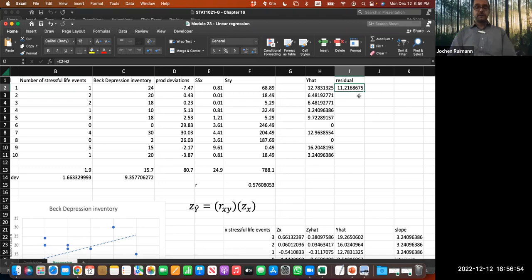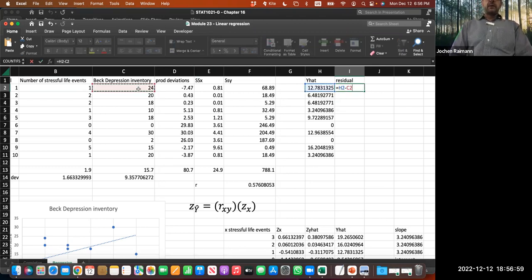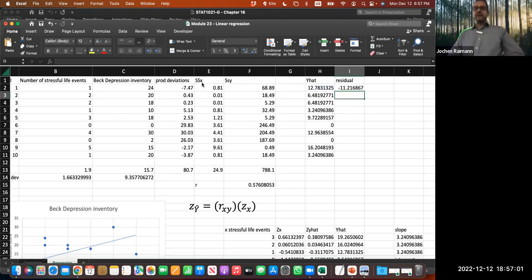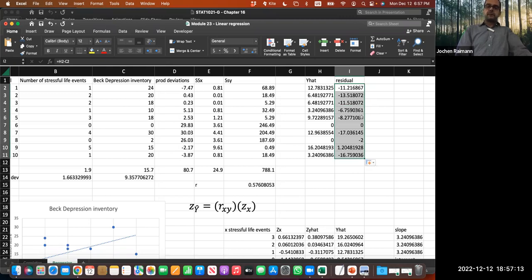It's actually the other way around. So we have here an underestimate of 11. We have with individual number 2 an underestimate of 13, underestimate of 11, and so on and so on. Here we have an overestimate. So basically errors more to the lower end.